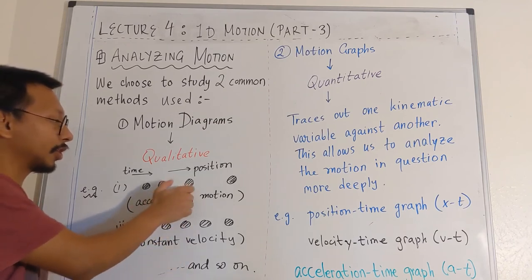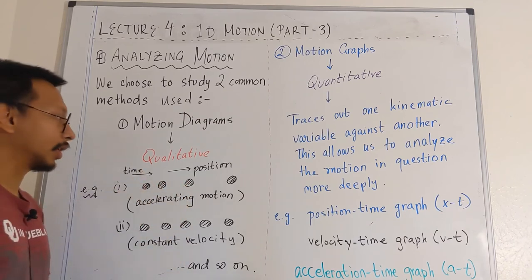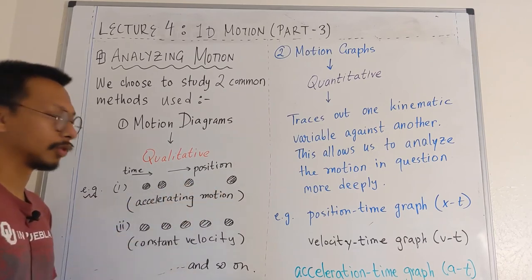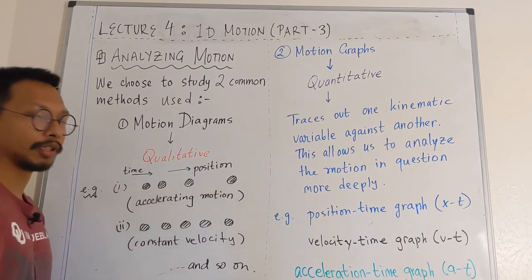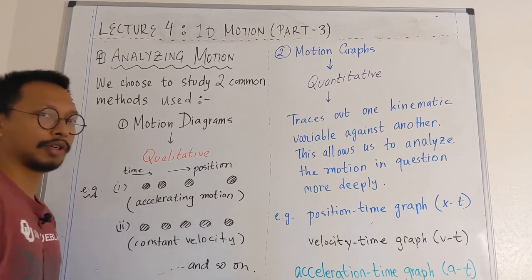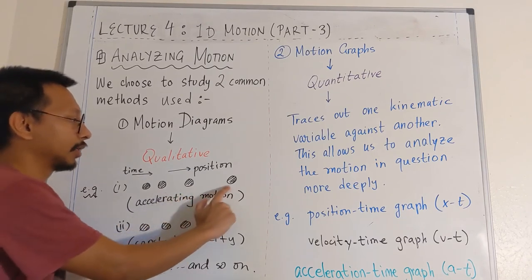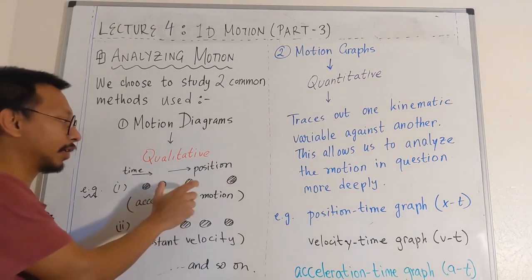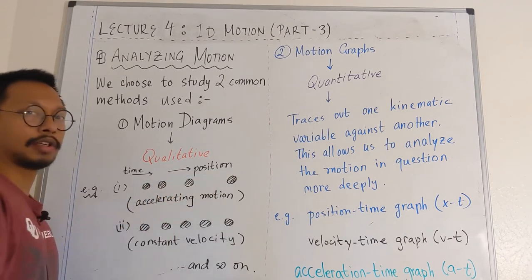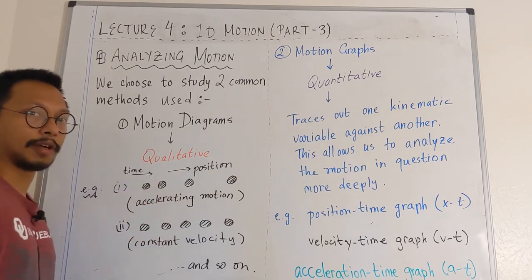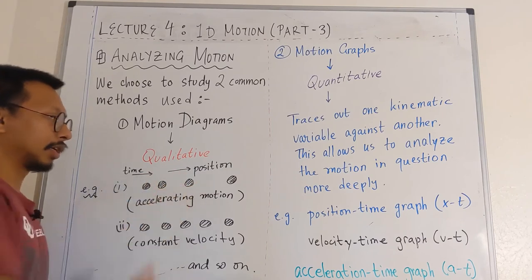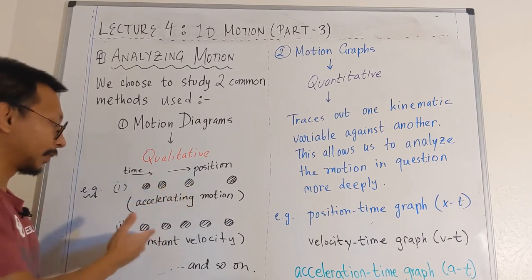Because the position change with time is not equal. So this is the motion in its first second, this is the motion in its second second, this is the motion in its third second. So every second the change in position is not uniform with the first second. Okay, so this is an example of an accelerating motion.